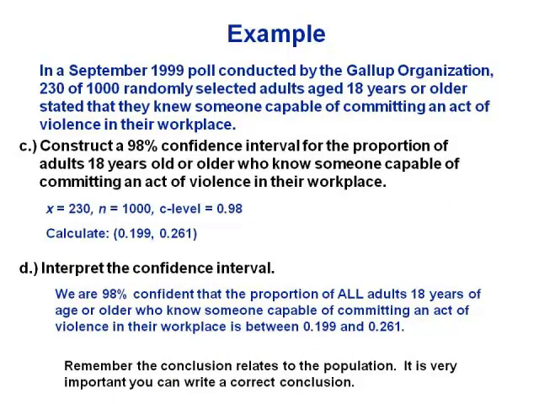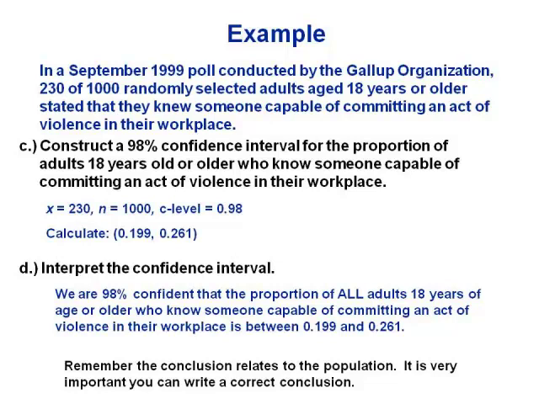Let's say we are asked to construct a 98% confidence interval for the proportion of all adults 18 years old or older who know someone capable of committing an act of violence in the workplace. I need to go into the calculator. In 1-PropZInt in STAT TESTS, it asks for X and the confidence level.